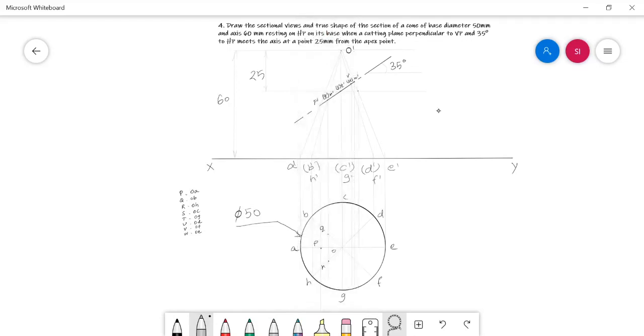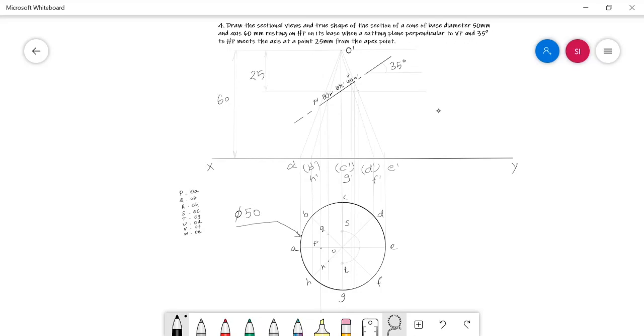Yes, I dropped it in the corresponding slant edge. Now take your compass and make O as center and the new point as radius. Draw an arc and mark the points S and T. The point S should be marked in OC and the point T should be marked in OG.